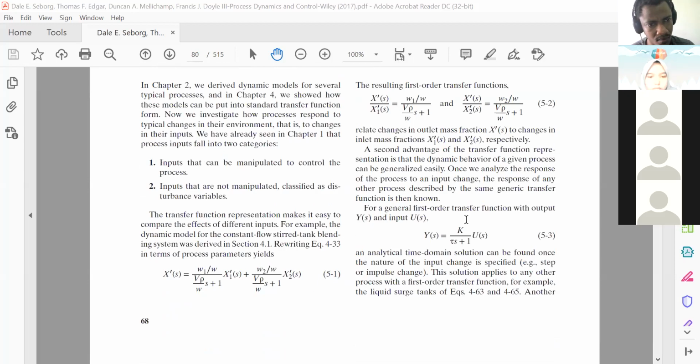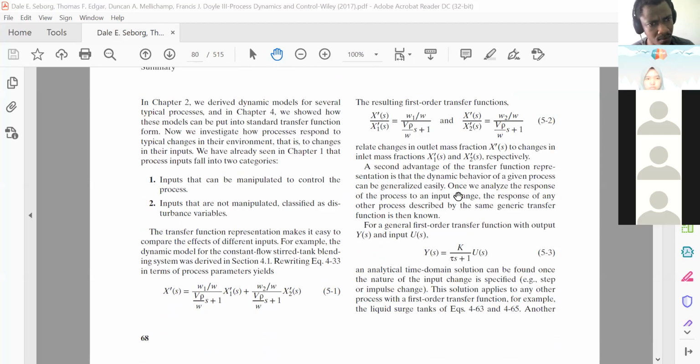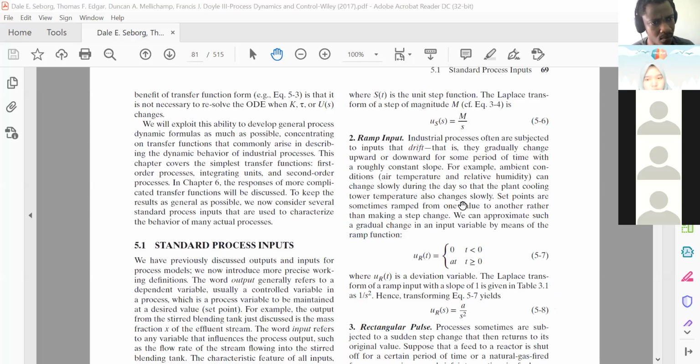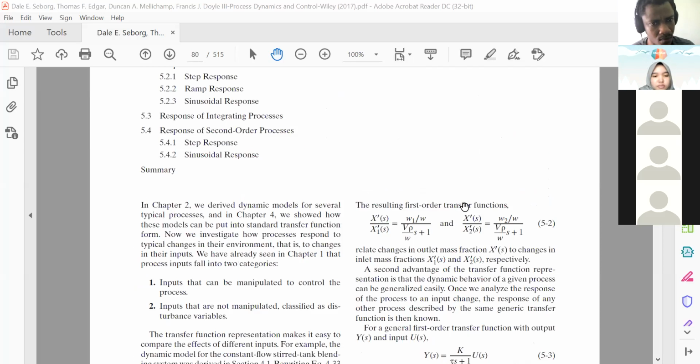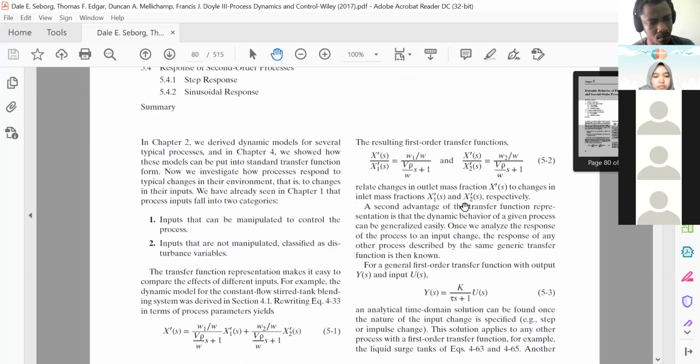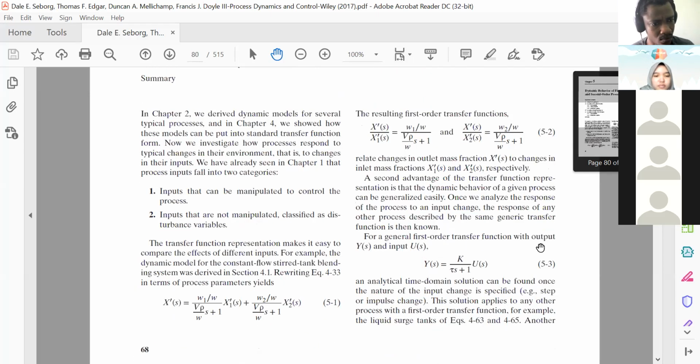Second order transfer function. So I will talk about the dynamic behavior for first order.